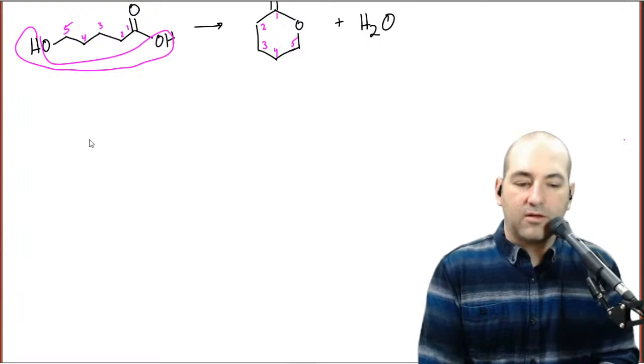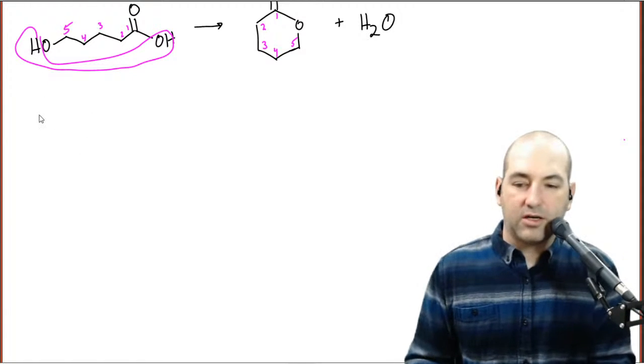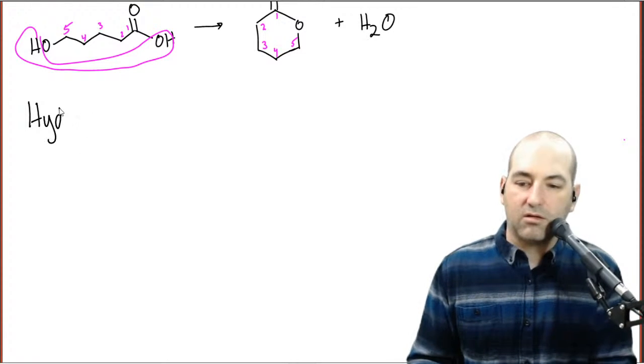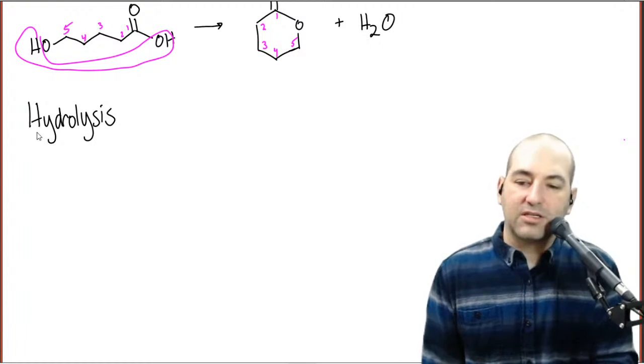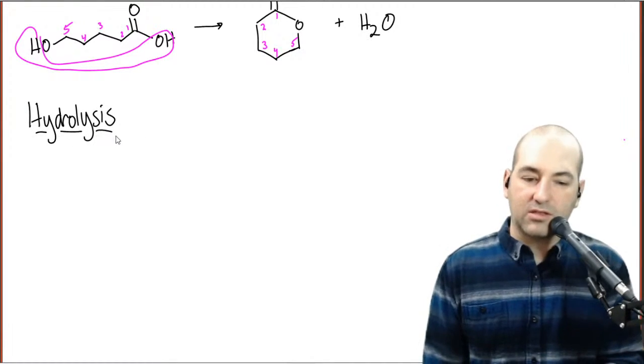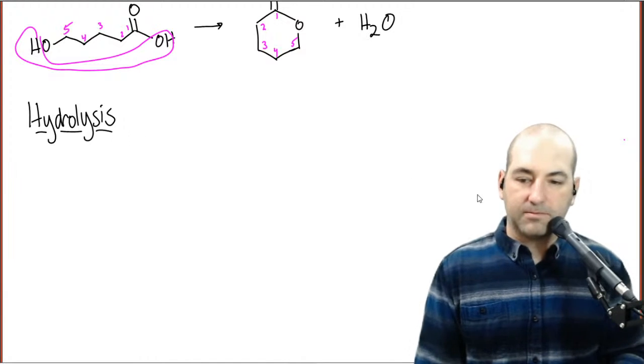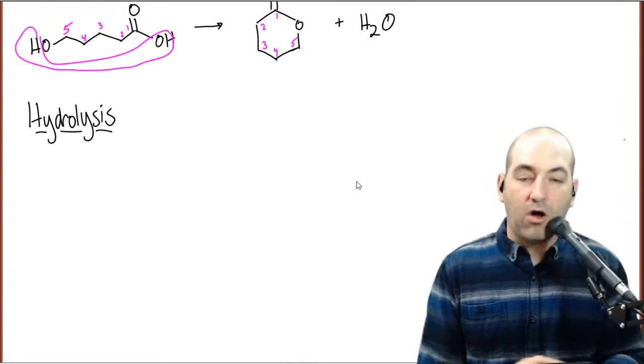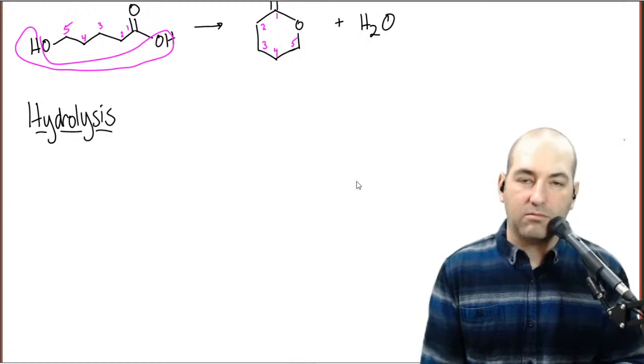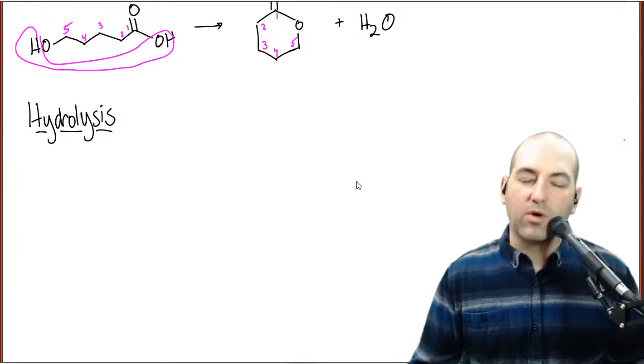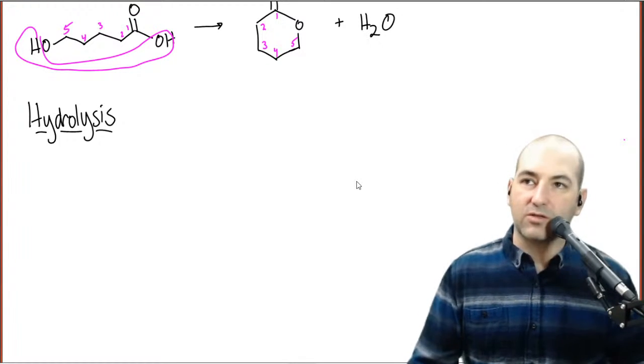All right. So the other type of reaction we're going to look at is hydrolysis. There are actually several different types of hydrolysis reactions. They all involve adding water and breaking something apart. We're going to see hydrolysis in carbohydrates next week.